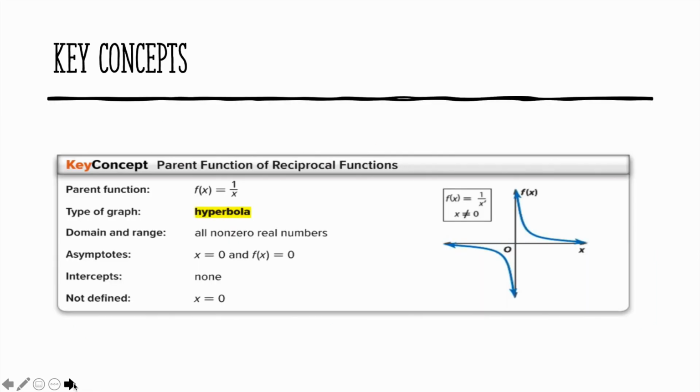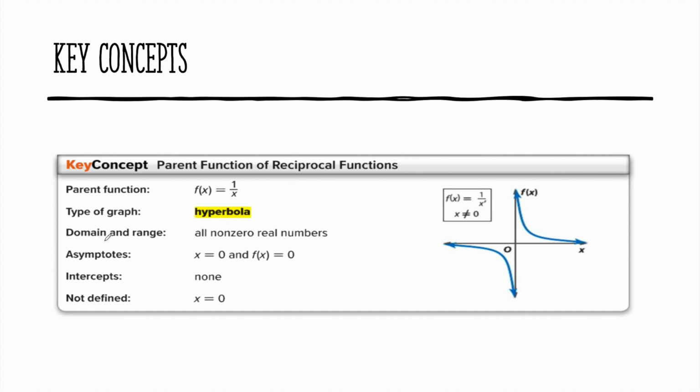Okay, the key concept, which is the properties of our reciprocal function. The parent function for it is f of x is equal to 1 over x. This graph is called a hyperbola.